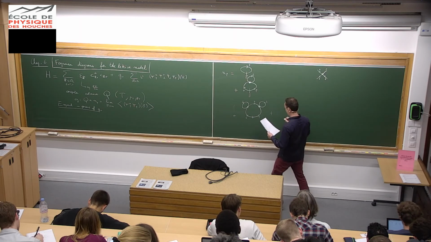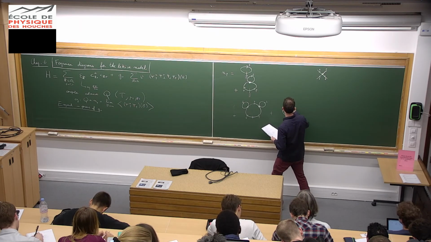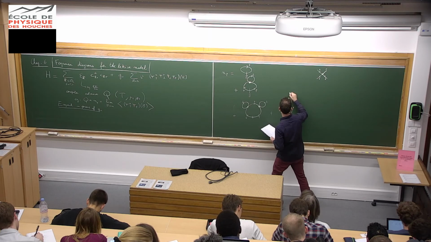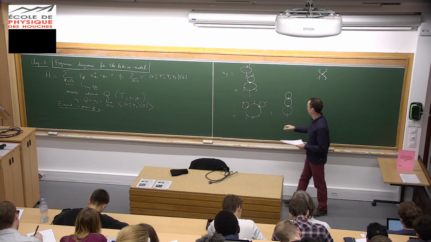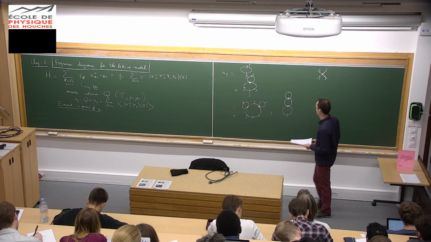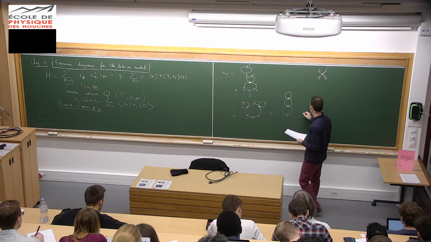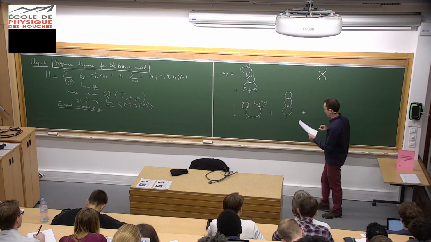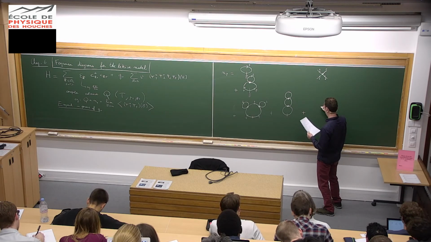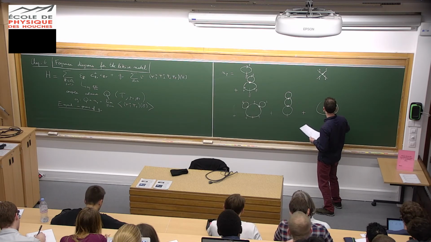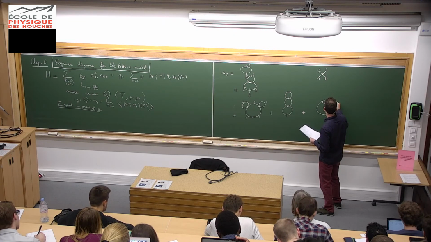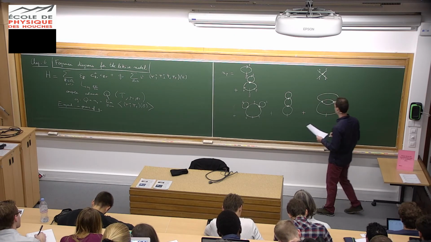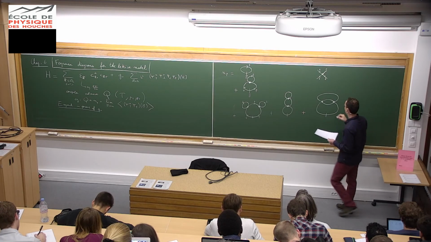We can also draw this one. And okay, I will stop putting all the arrows and the spins, but you can put them if you want. And then finally we have this one. For this one, actually, I will put them.